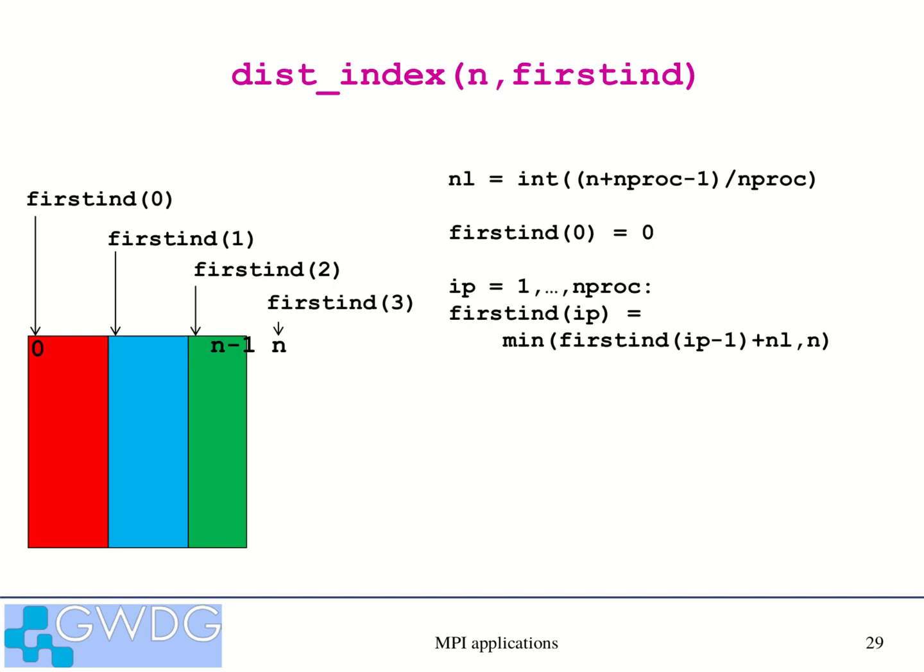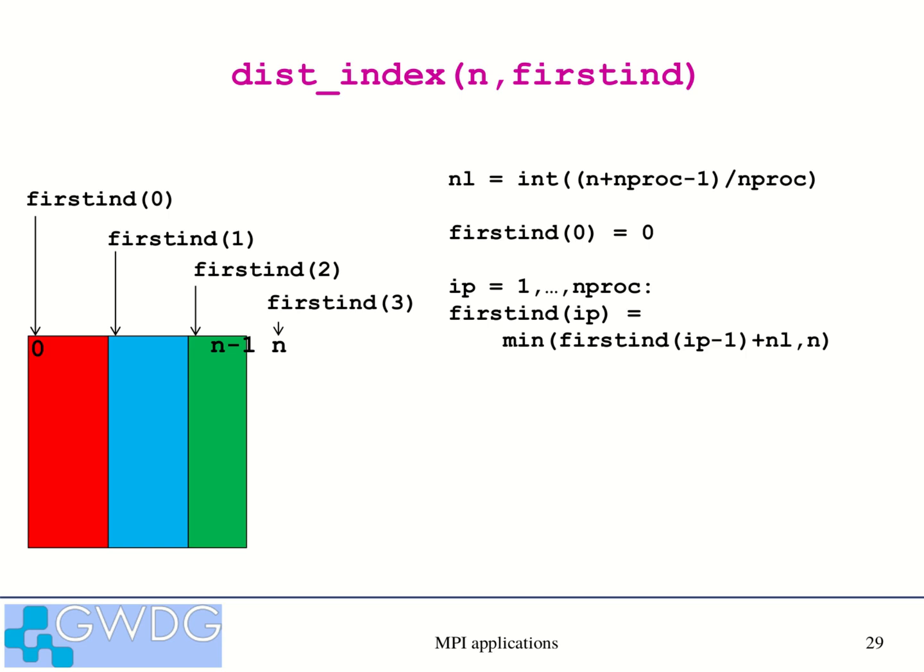Okay. So in the subroutine we define a vector first index, which indicates which will be the first index of the column in each process.